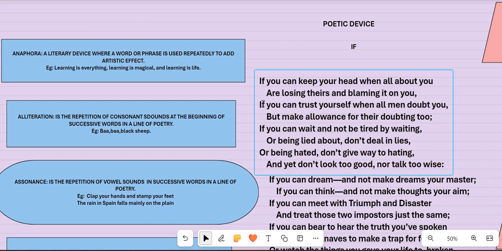First you tell me what a poetic device is, or why we need to include a literary device or poetic device in a poem.